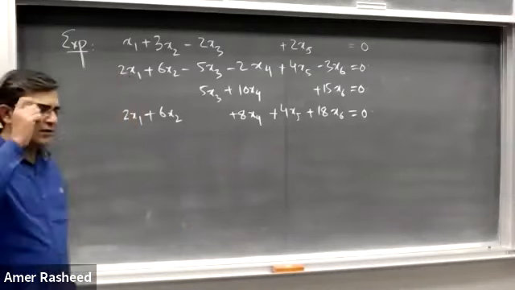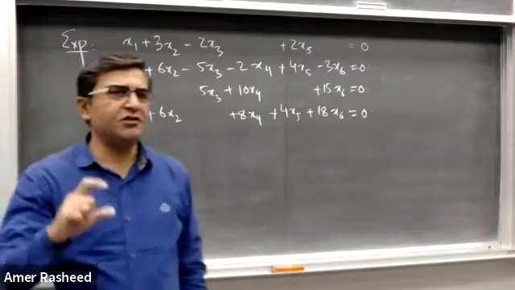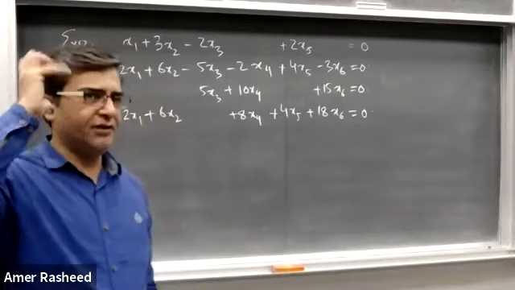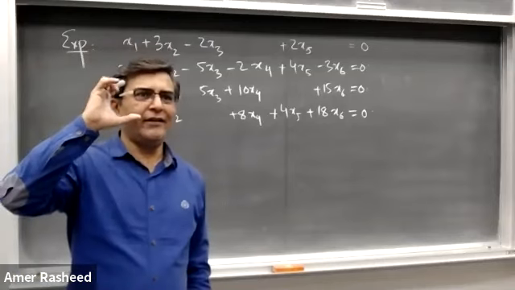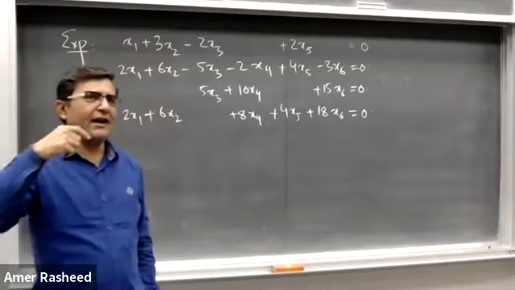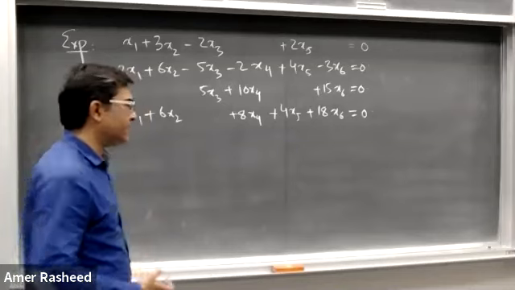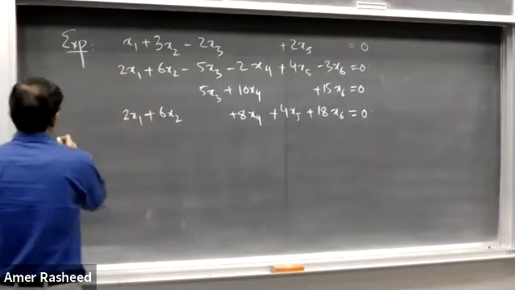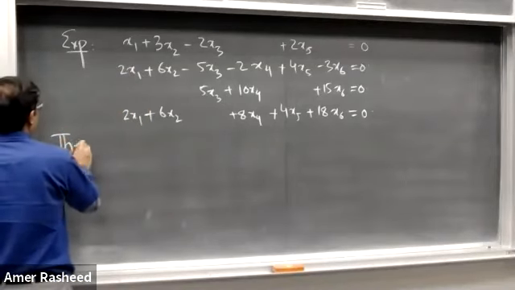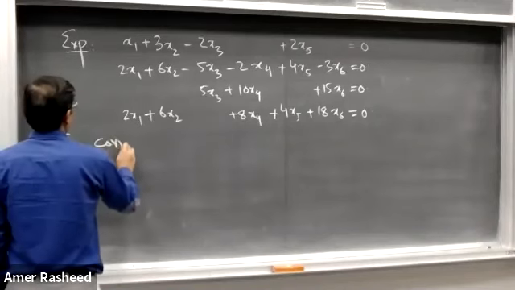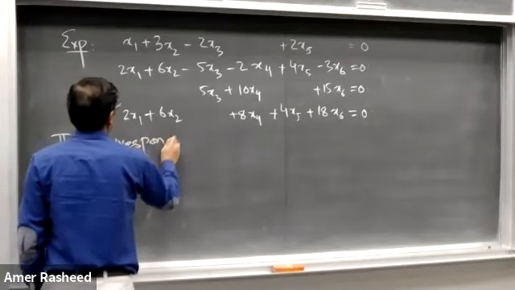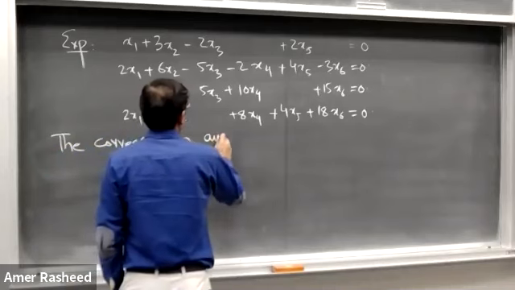Now, once you know that the given system is a homogeneous linear system, you should revise what happens in homogeneous linear systems. First we write the corresponding augmented matrix.